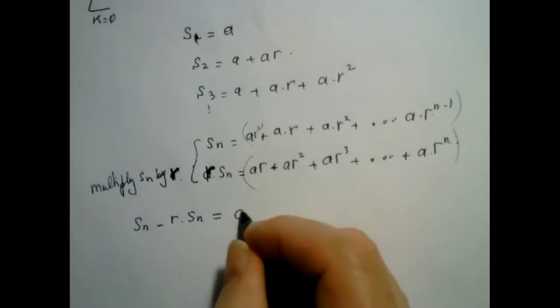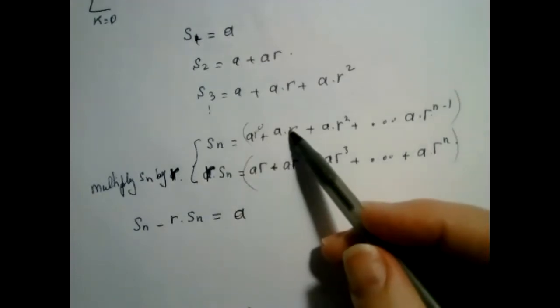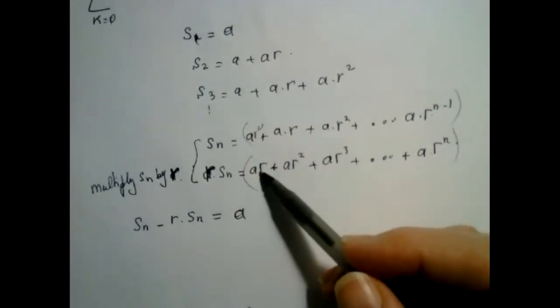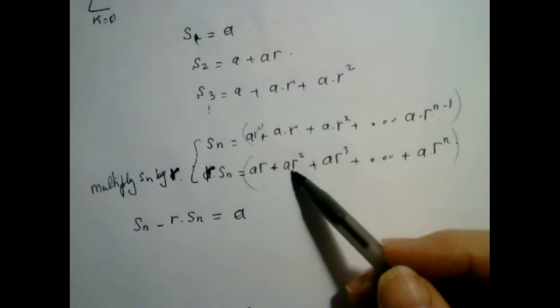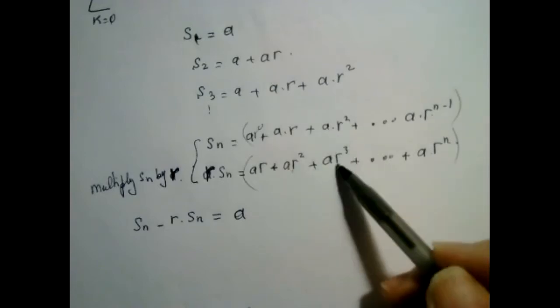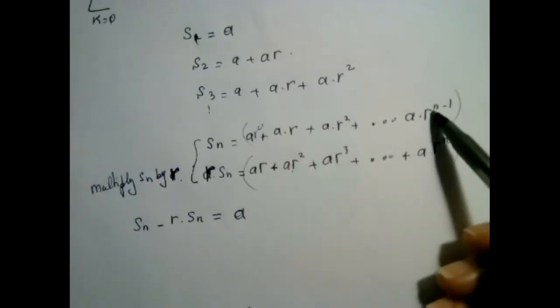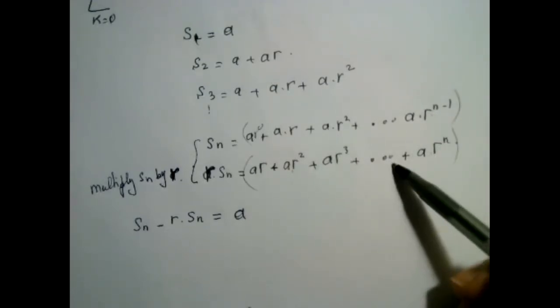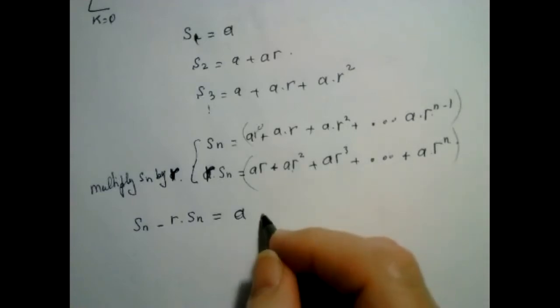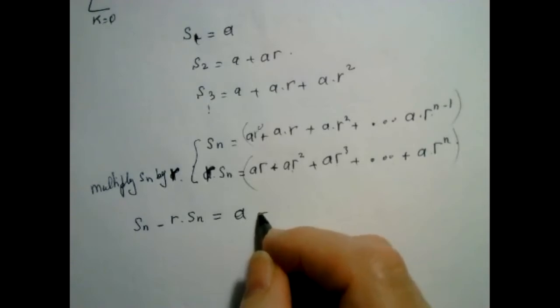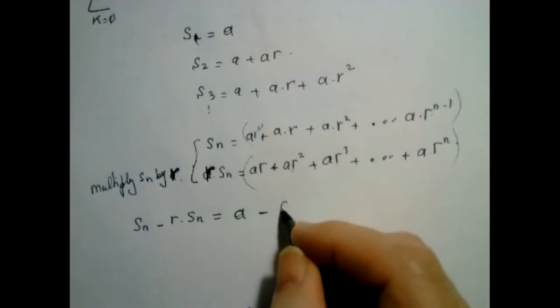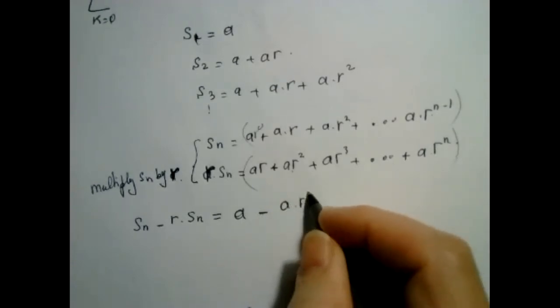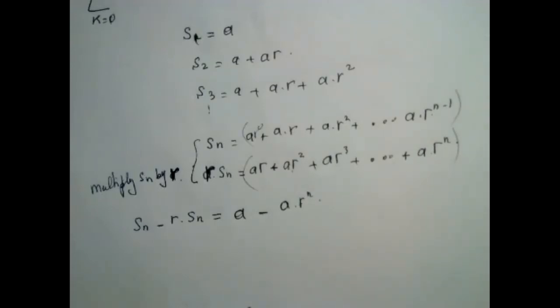Okay, I will get A, plus and minus cancel each other out, plus and minus cancel each other out. It's going to be A minus A R^n. We're going to come up with that.